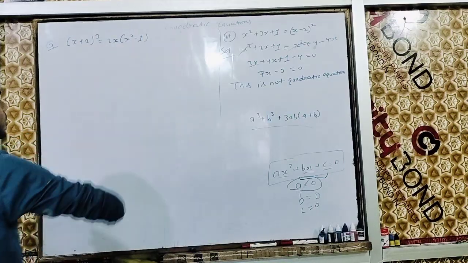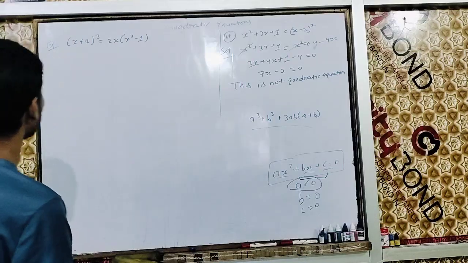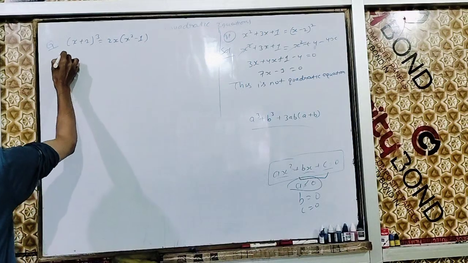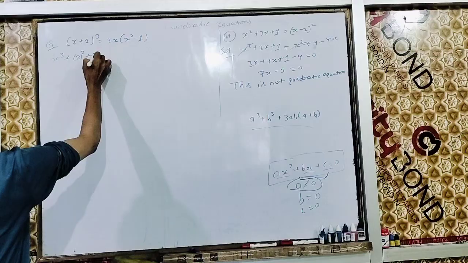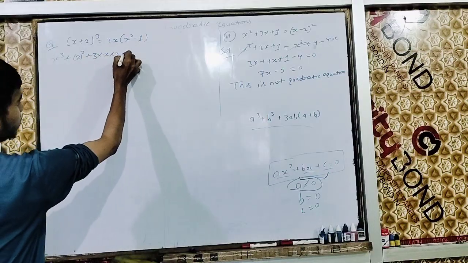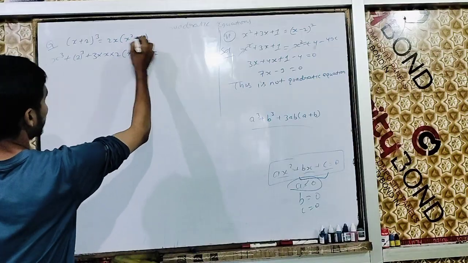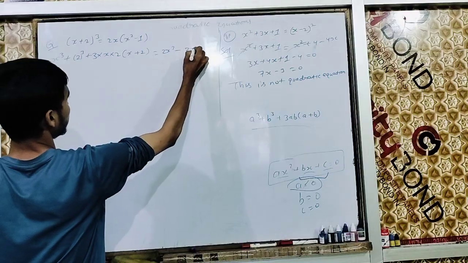Let's just say here this will become x cube plus 2 cube, then 3 multiplied by x multiplied by 2, then here x plus 2, and it will become 2x cube, then minus 2x.